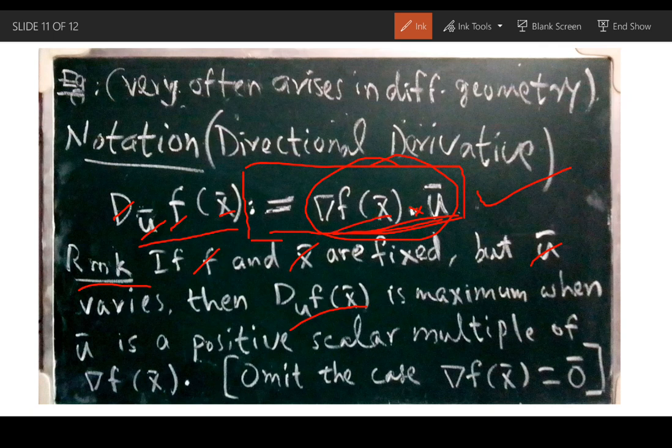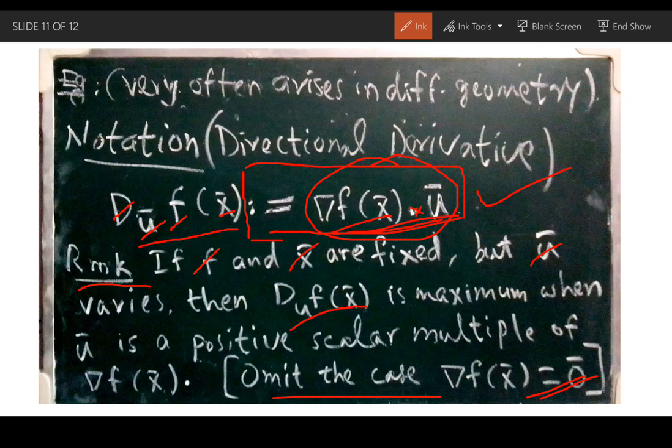Here I am varying u. I have a certain vector del f at the point x. Assume that it is non-zero. Assume that del f at x is non-zero. I am omitting the case del f at x is equal to 0. That means assume del f at x is non-zero.